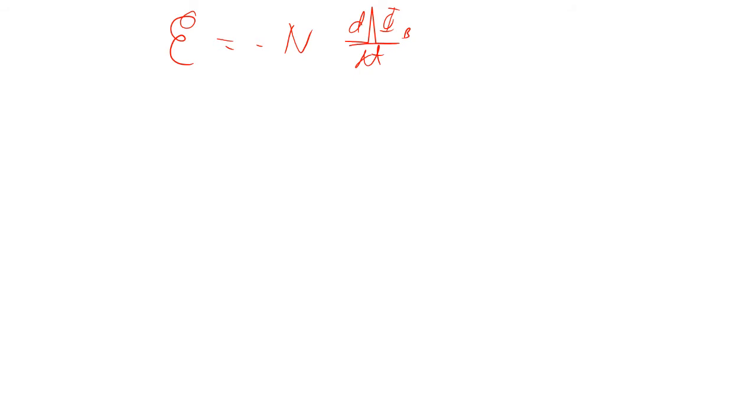So what we've got here is the magnetic flux is equal to the magnetic field times the area. So in this case, that's going to be B times pi r squared.